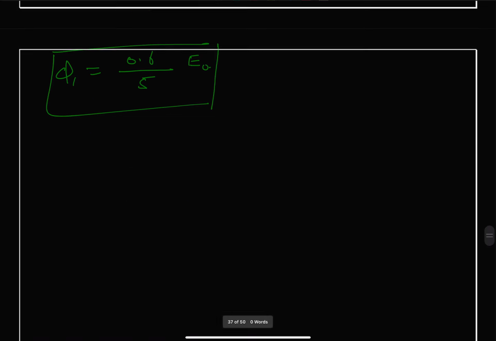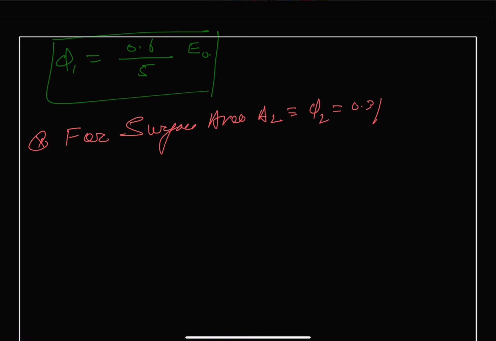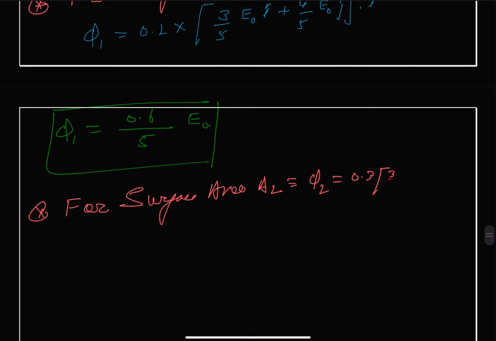Similarly, we can solve for surface area A2. For surface area A2, our phi 2 will be equal to the area, given as 0.3, times the electric field, which is the same, 3/5 E0 i plus 4/5 E0 j, dotted with the j unit vector.